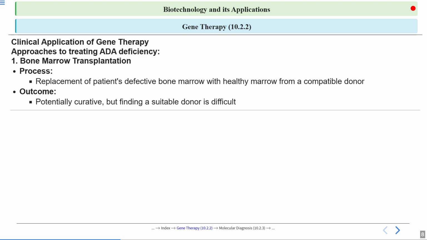So this is the first approach to treat ADA deficiency, where we replace the patient's defective bone marrow with healthy bone marrow. The new cells that are produced will have our ADA gene. But as I said, finding a compatible donor is very difficult.